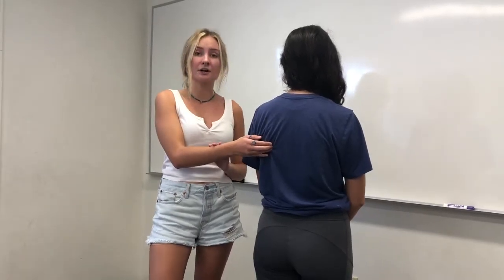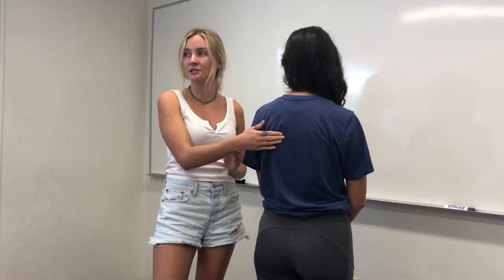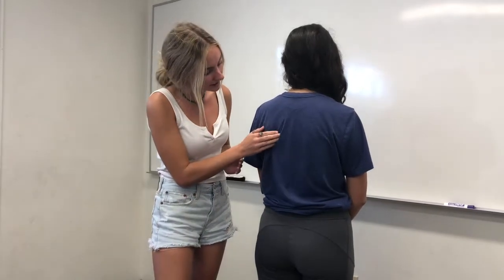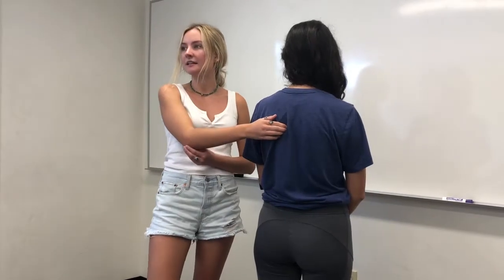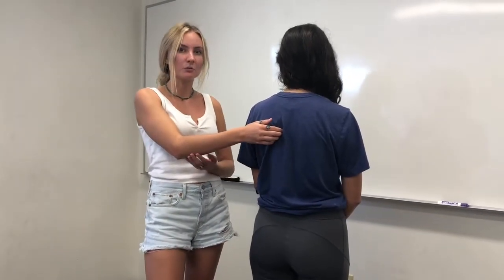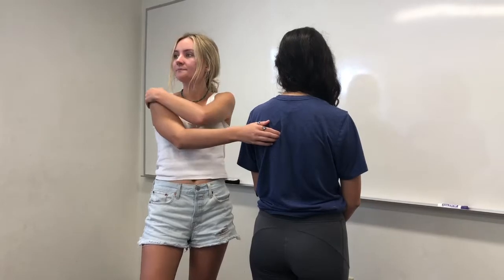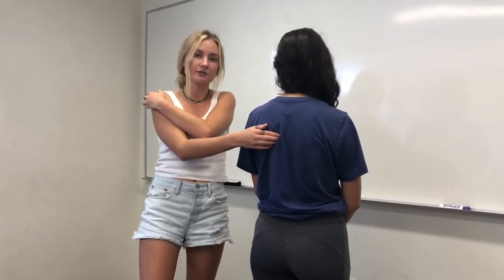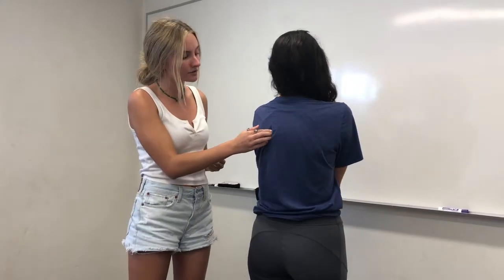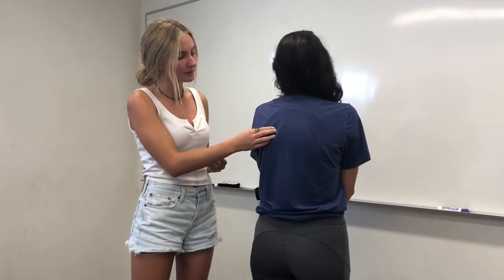Next is the medial border of the scapula. So you're going to place your hand and go medially until you find the medial border of the scapula. And then again, you'll know you've gone too far if you can feel more adipose tissue. It may help if your patient protracts their shoulders while palpating. So if she protracts them, I can feel it a little bit better.